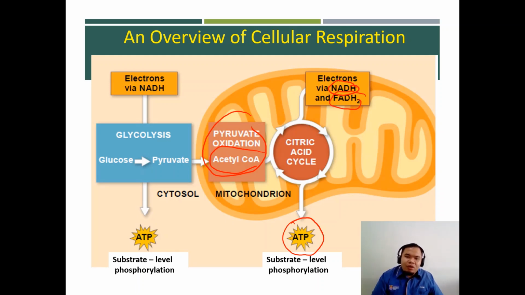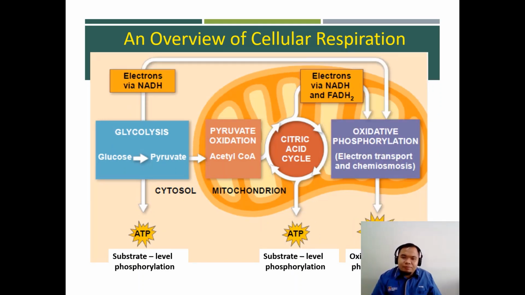So basically, all the electrons from glucose have moved into NADH and FADH2. So electrons from glucose have traveled into these electron carriers. These are then transferred into the matrix of the mitochondria to undergo oxidative phosphorylation, which involves the electron transport chain and chemiosmosis.